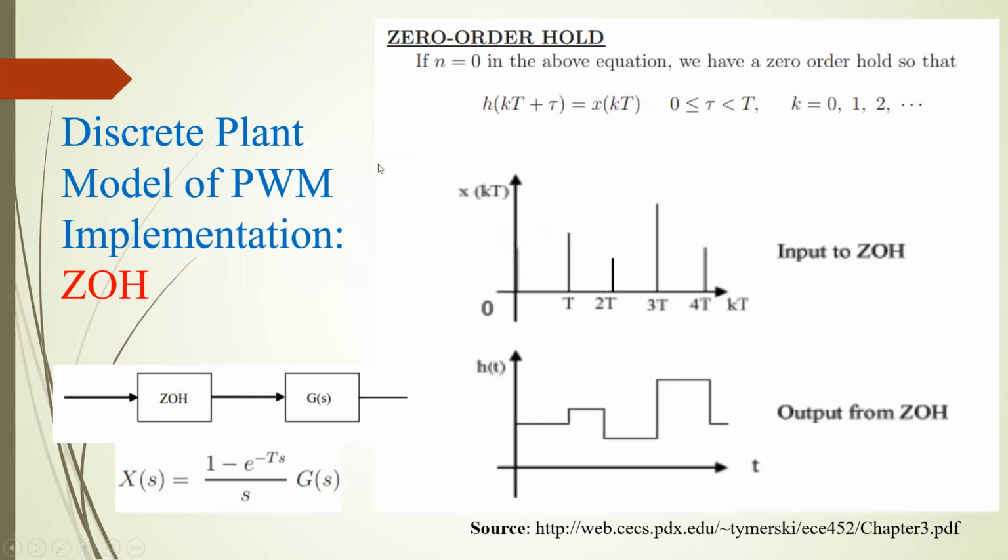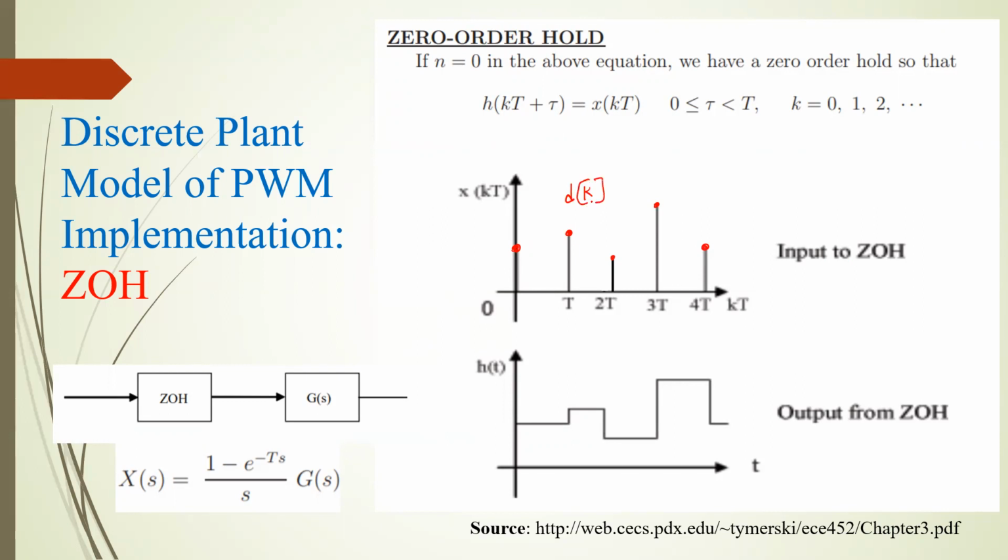Now let's see how we can get the plant model in discrete time. What we know so far is that our discrete time signal is not continuous, so its value is not available at every moment. Now let's assume that from the discrete time controller we get the duty cycle.